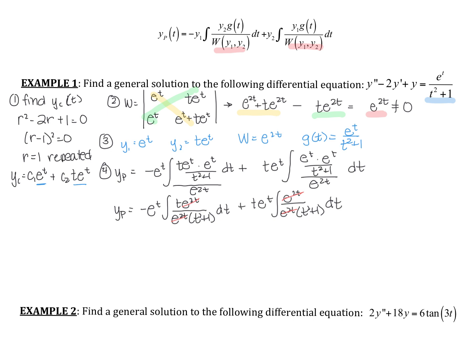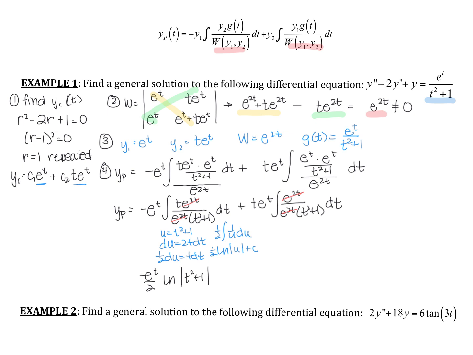For this first integral, I'm going to let u be t squared plus 1. So du would be 2t dt, which means 1/2 du equals t dt. So really we've got 1/2 the integral of 1 over u du, so this will be 1/2 of the natural log of the absolute value of u plus c. So this first piece would be negative e to the t times 1/2 natural log of the absolute value of t squared plus 1.